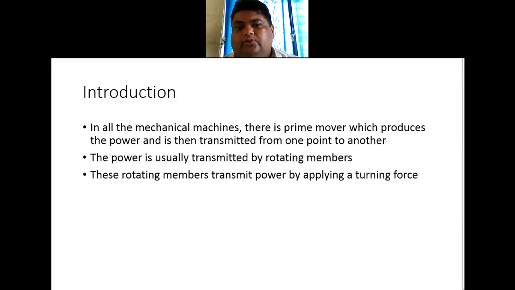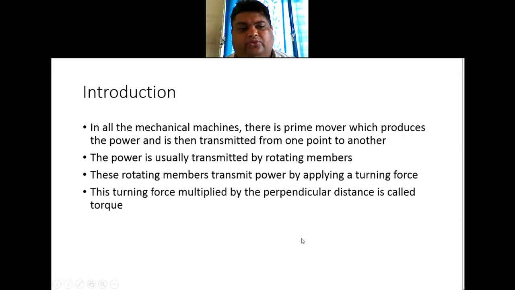right? So when I use a gear or a belt, there is a force which is applied to the driven member from the driving member, right? And this force tries to rotate the driven member. So that is what we are trying to say. The rotating members transmit power by applying a turning force.